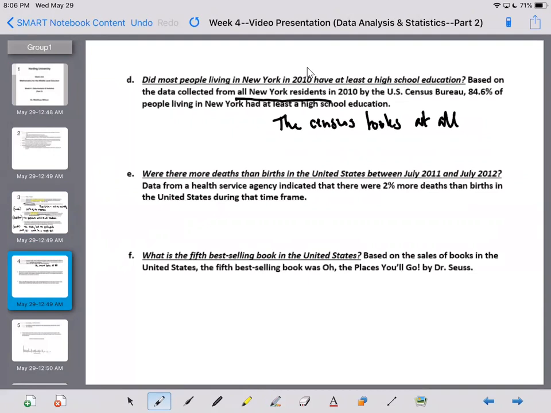And we're seeing that approximately 85% had at least a high school education. So this is looking at the population.